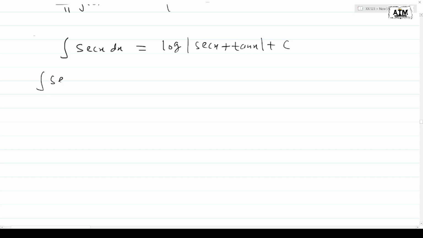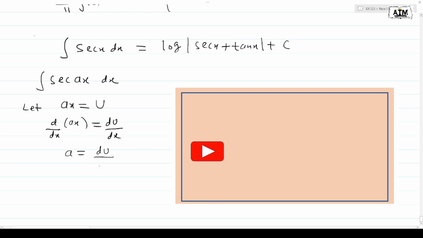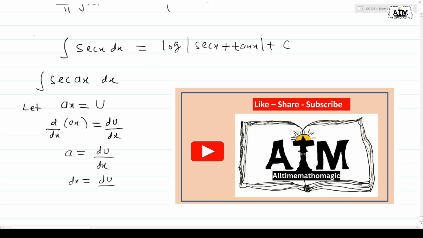Example: how to find integration of sec ax with respect to x. Procedure, step number 1: let ax equal u. Derivative of ax with respect to x equals du by dx. Derivative of ax is a, equals du by dx. Therefore dx equals du upon a.